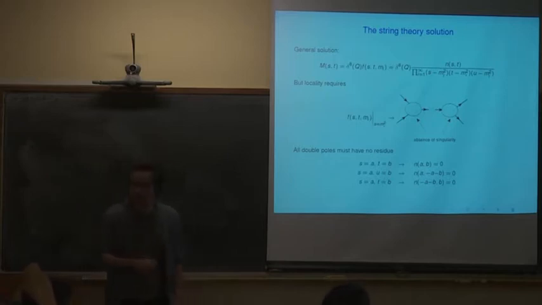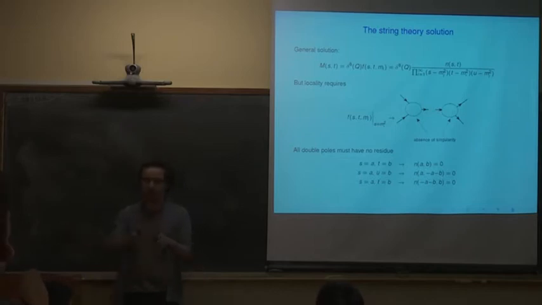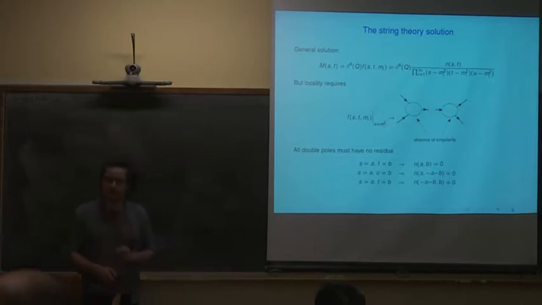Does this assume that at any finite mass there's only a finite number of spins propagating? No, this is just a general function. Now, at any given S, you get polynomials in T as residues. The degree of the polynomial is bounded by the spins of the particles propagating at that mass. If you had an infinite number of spins propagating at a finite mass, it's possible that could sum up to a singularity in T. In string theory, if you fix any finite mass, we do have degeneracy, but the spin is bounded.